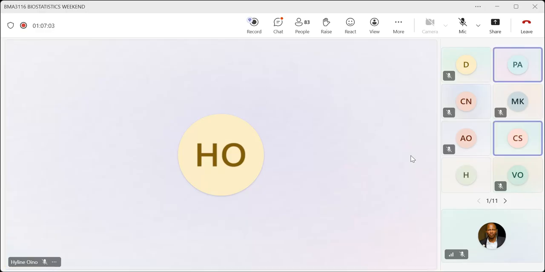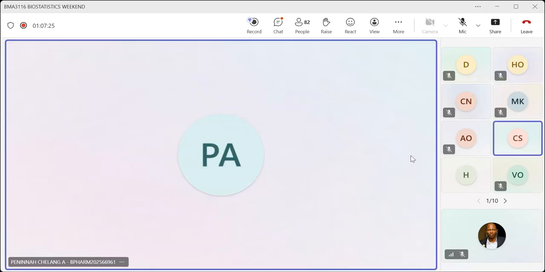I bring the data back so that we see what is happening, because some people want to lie to us. Good. So screen shared.